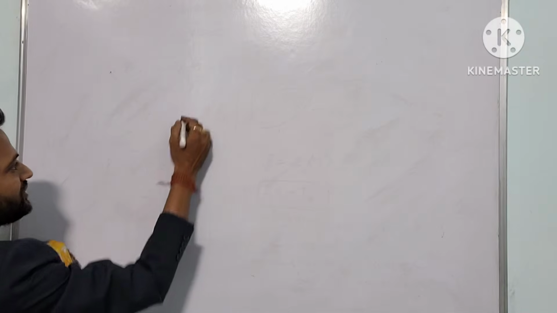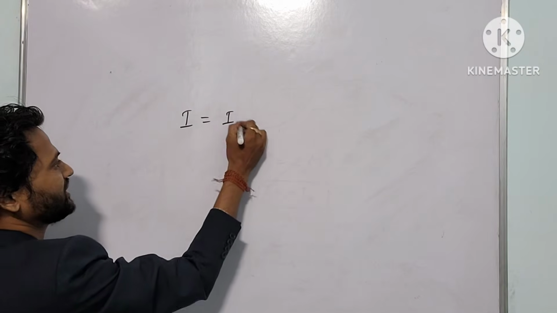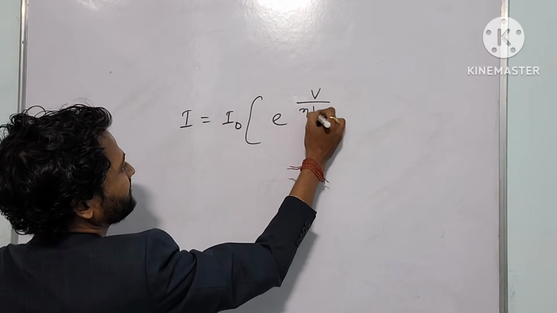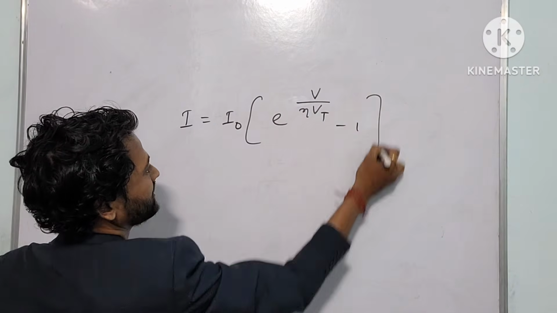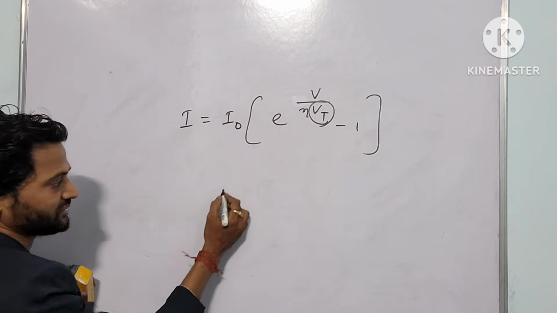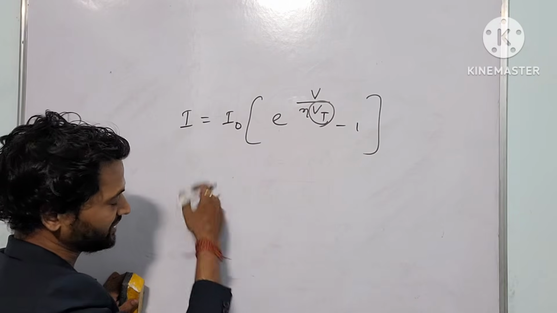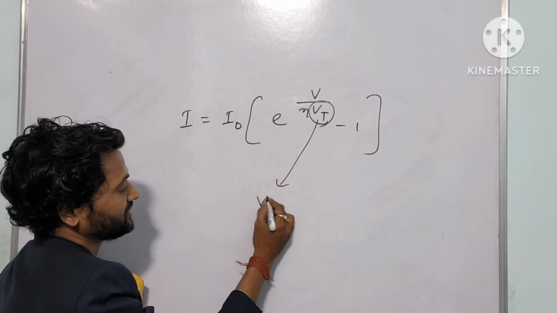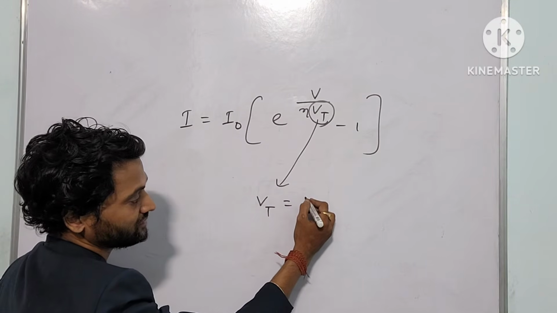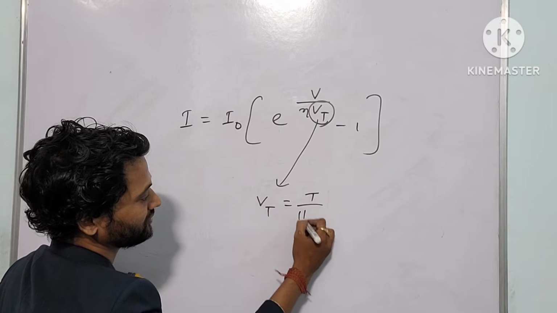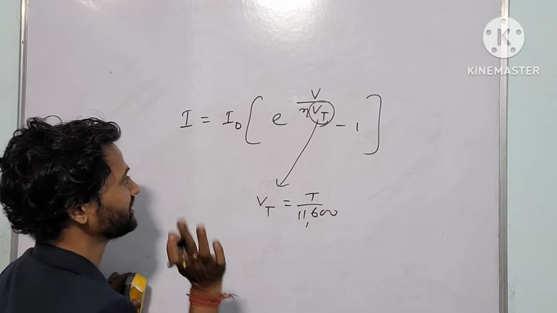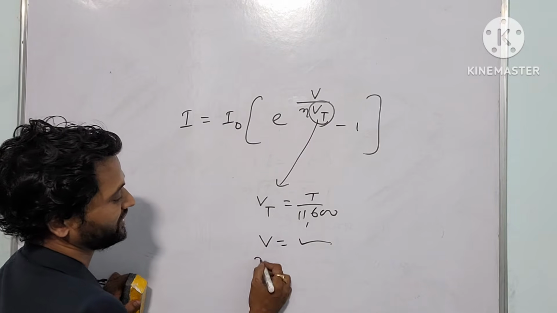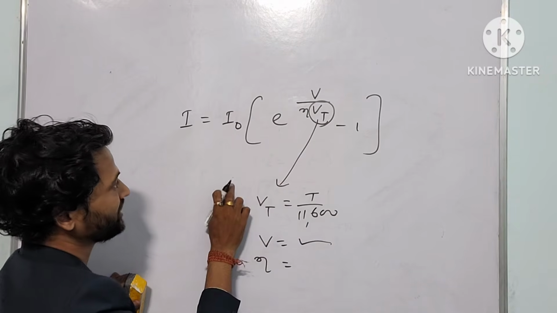ठीक है, यूजुअली क्या होता है देखो, I का एक्सप्रेशन याद रखना, I नॉट होल इनटू e टू द पावर माइनस v बाय eta vt, राइट, माइनस ऑफ 1. ये vt का वैल्यू इज नॉट गिवन. यूजुअली टेम्परेचर विल बी गिवन एंड ये vt इज नथिंग बट t अपॉन 11,600. दैट्स ऑल, इतना याद रखो. अप्लाई वोल्टेज विल बी गिवन टू यू and eta will be given to you, whether it is silicon or germanium.